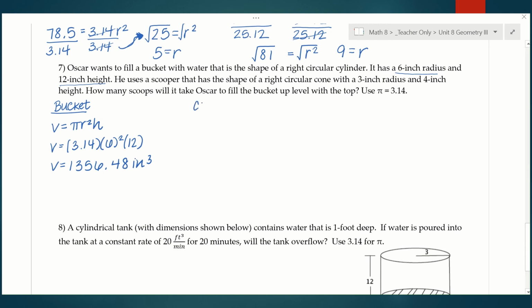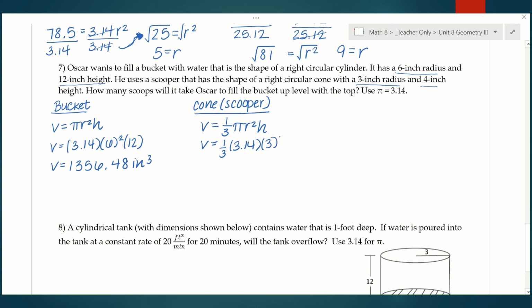Now let's look at the cone, or if you want to call it the scooper. Interesting shape for a scooper, but we'll take it. So we are going back to our cone formula, which is the same as a cylinder with a 1/3 in front. 1/3, and we're using 3.14 for pi. It says the cone has a 3-inch radius and a 4-inch height.